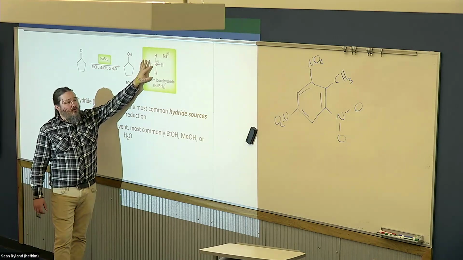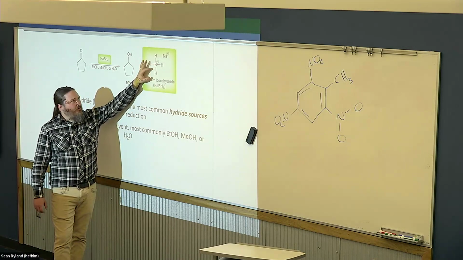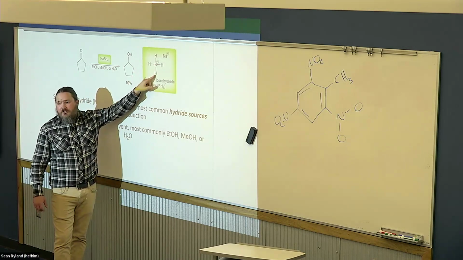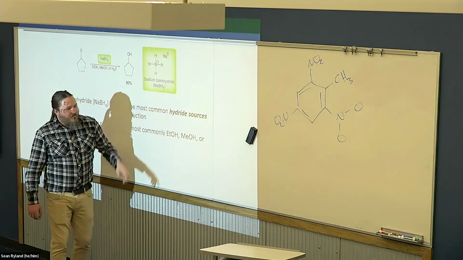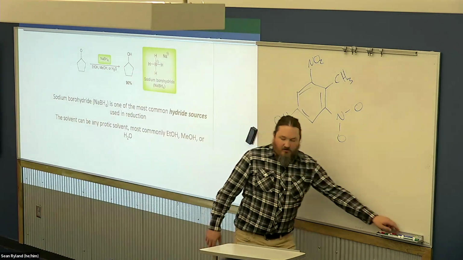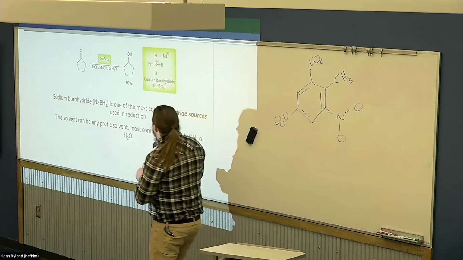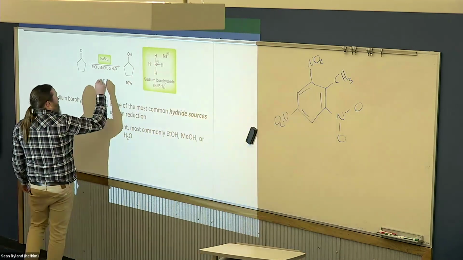Or they're so close to the same amount that basically when you break this bond, the hydrogen will actually keep the electrons. So instead of an H plus floating around, you actually get an H minus floating around.